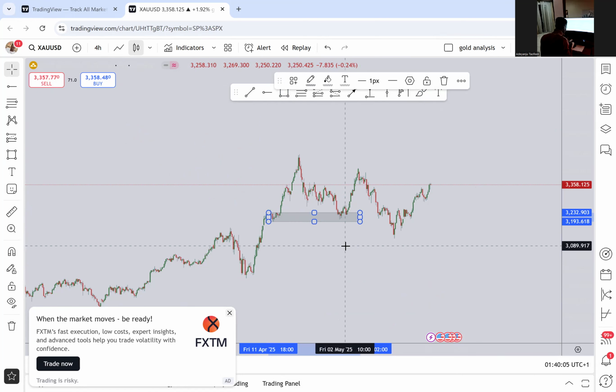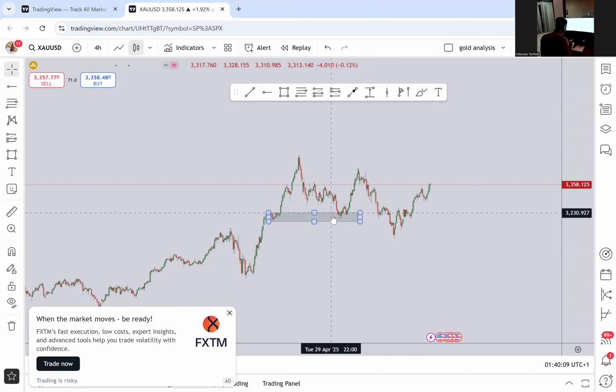What we want to see is price tap into this demand level, then push up a little bit and come back down to tap liquidity, using the lower type. I'll explain in a minute. So it taps out the previous point of entry on the demand before going back up to break the previous buy level.